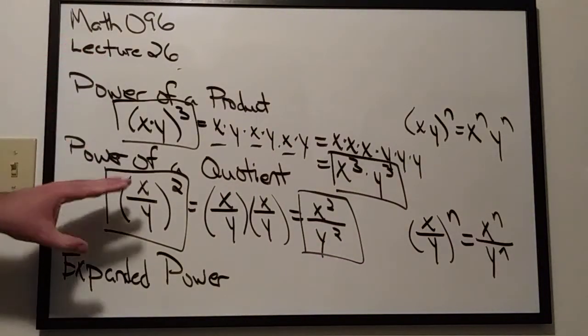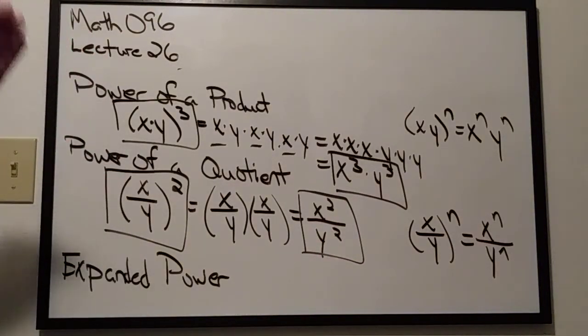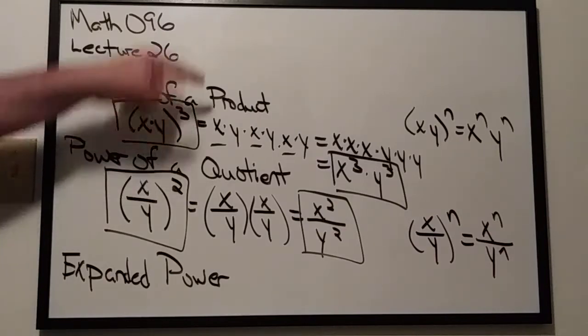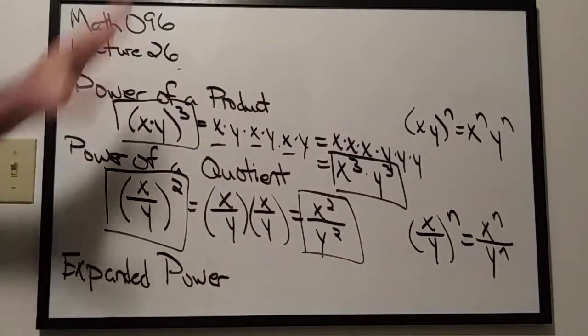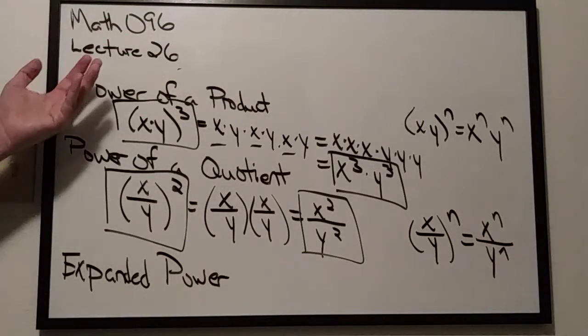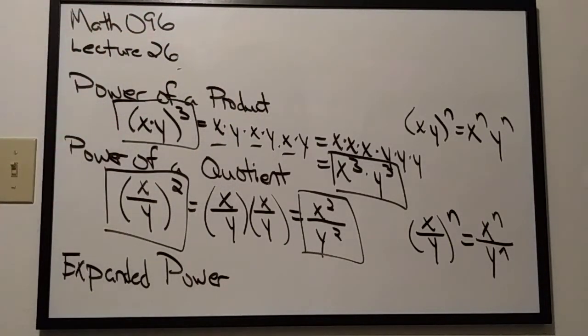Now, as you look at these two rules, it's important to understand what does work, and then it also is important to understand what does not work. Very specifically, this is the power of a product and the power of a quotient. So these ideas work for multiplication and division. They, however, do not work for addition or subtraction.